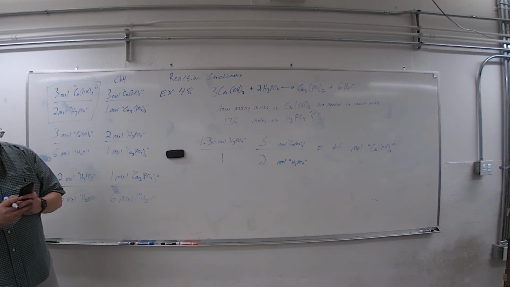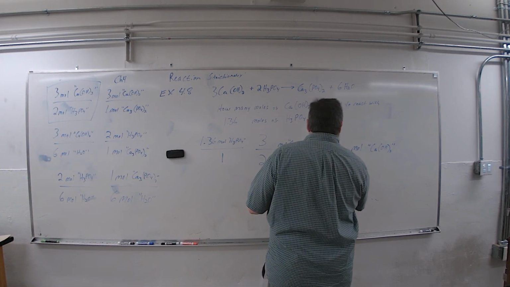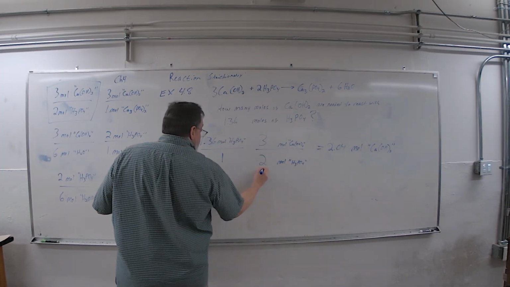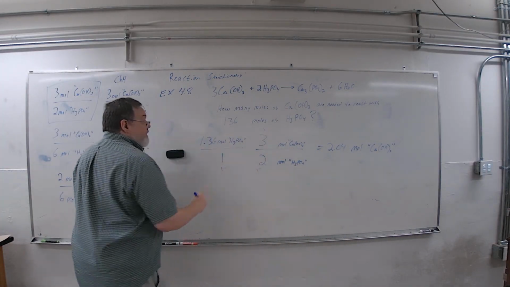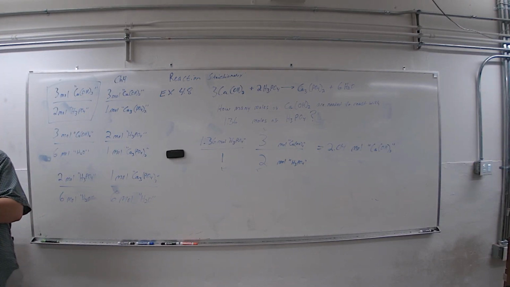1.36 times 3 divided by 2, that's it. Exactly 3 significant figures. That's how you solve that. You guys all right? You're bored, right?